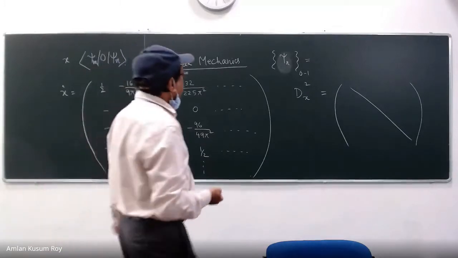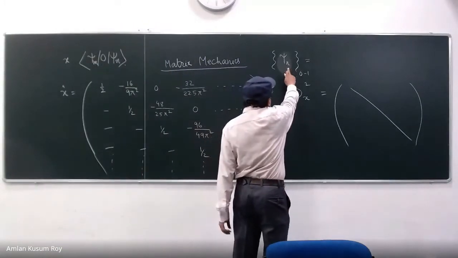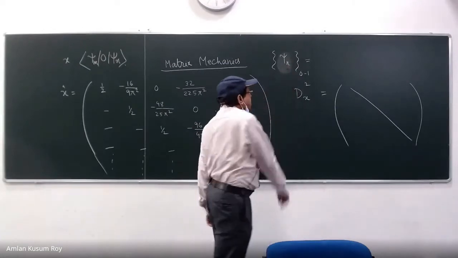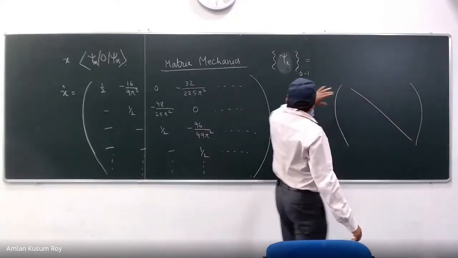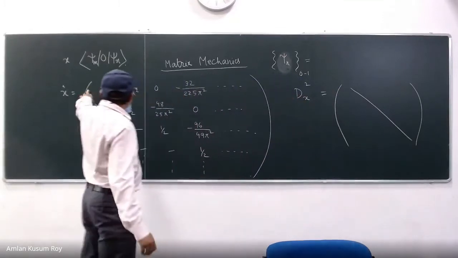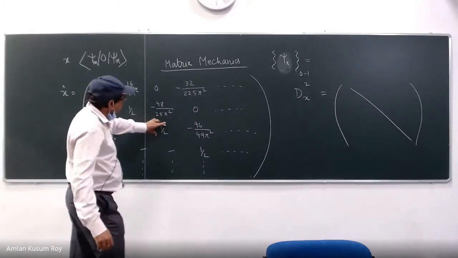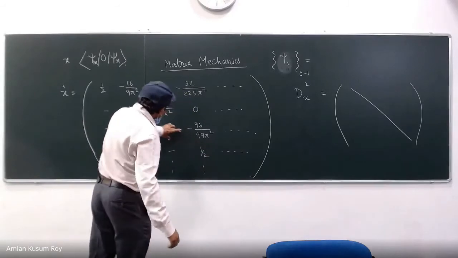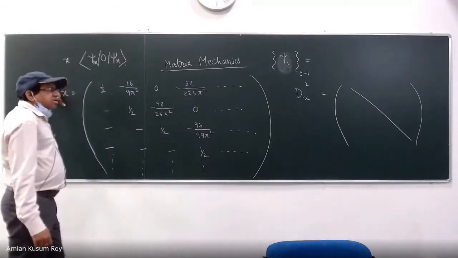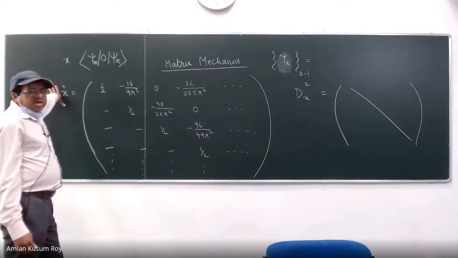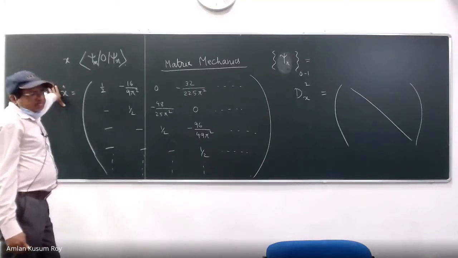So, by virtue of the relations between these basis functions, which form a complete orthonormal set, it is very easy to prove that these are diagonal matrices. And now your X operator is not a diagonal matrix. So that means the particle in a box wave functions are not eigenfunctions of your X operator.